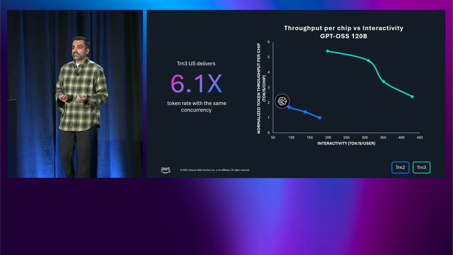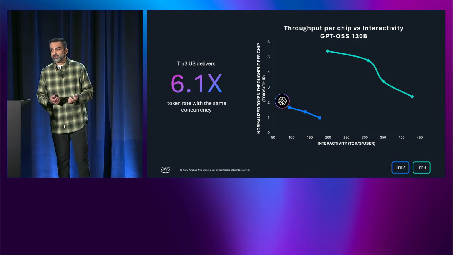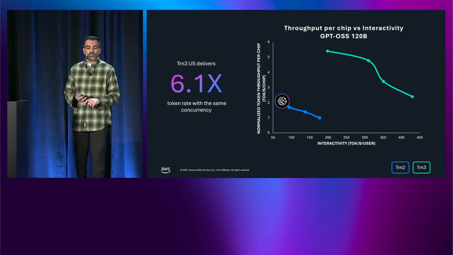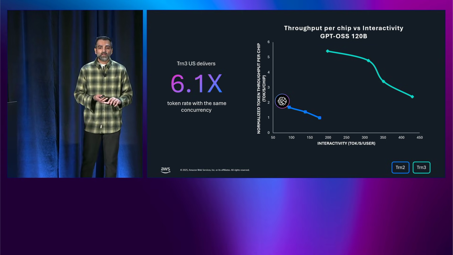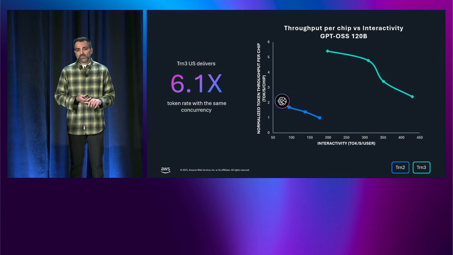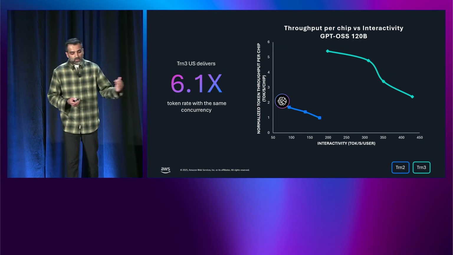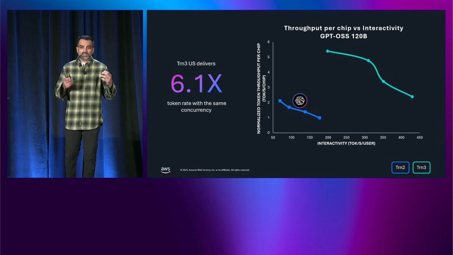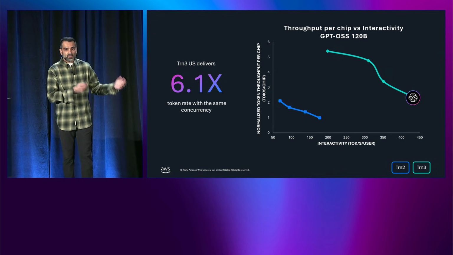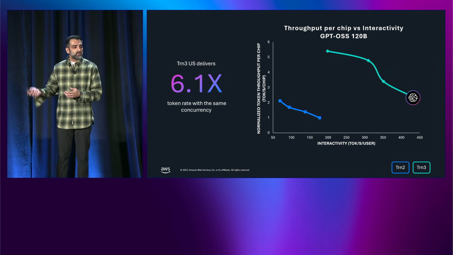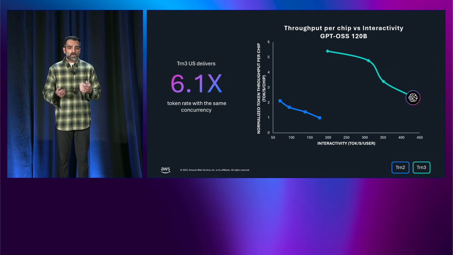The other way to think about this is, well, I want to increase the number of features and performance I'm giving each of my users and each of my customers, right? I want to give them deeper reasoning. I want to provide them content for more models as I'm building this out. So the other way to think about it is now we go horizontally, right? With the same exact concurrency I serve, now I can generate more tokens per user, per chip.